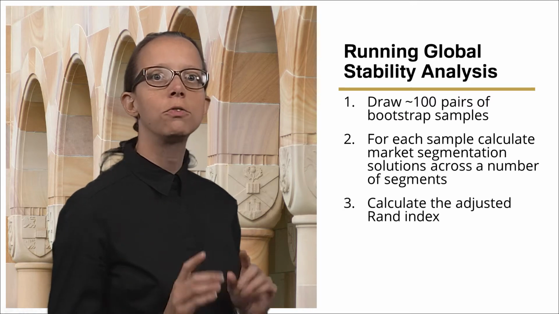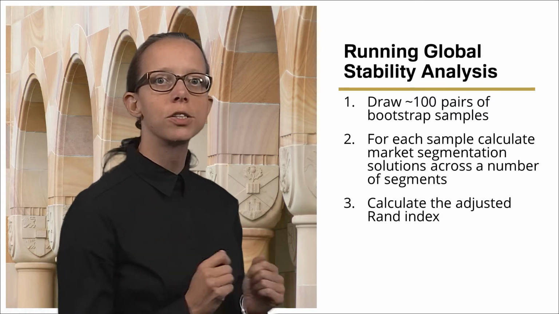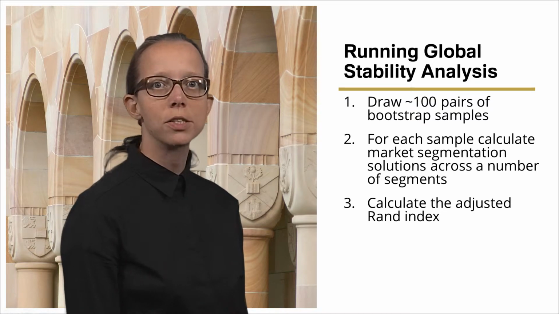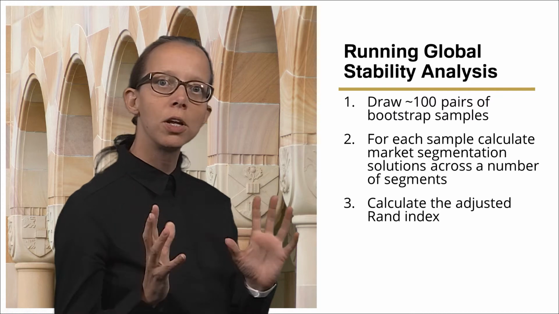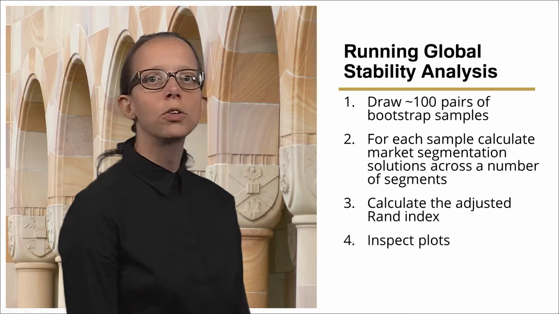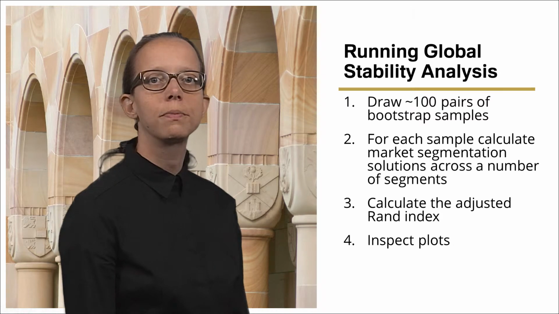Next, we extract market segments from each one of those datasets. Then we calculate for each pair of bootstrap samples and segmentation solutions the adjusted RAND index. We have discussed this index when we talked about cluster indices. The adjusted RAND index tells us how similar the segmentation solutions are. We then plot all the adjusted RAND indices for all bootstrap samples across all number of clusters and inspect those plots.